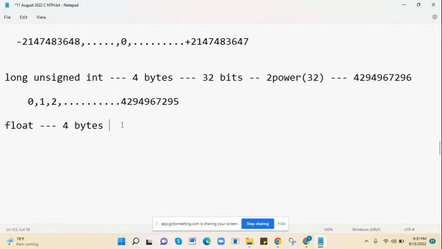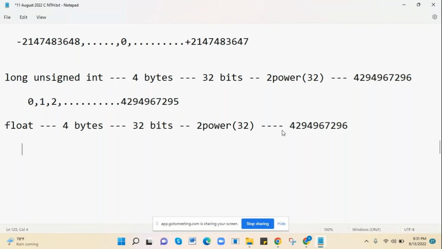4 bytes, how much is that? It is nothing but 32 bits, nothing but 2 power 32. What is the 2 power 32 value? This one, 429 crores 49 lakhs 67,296.